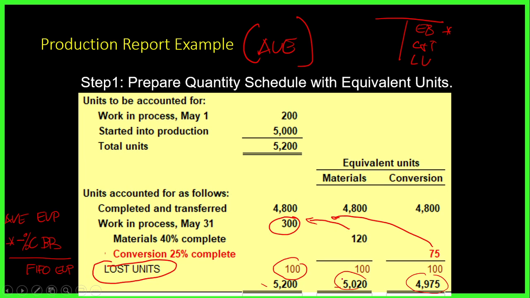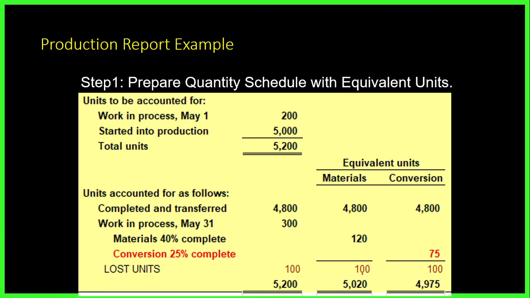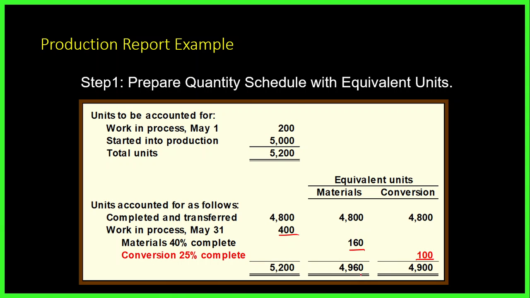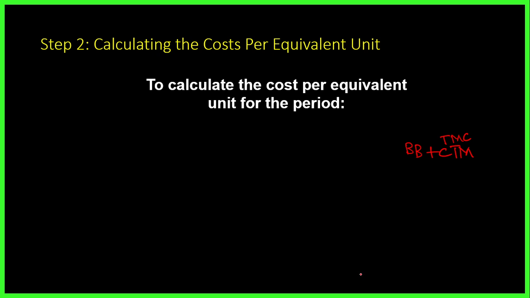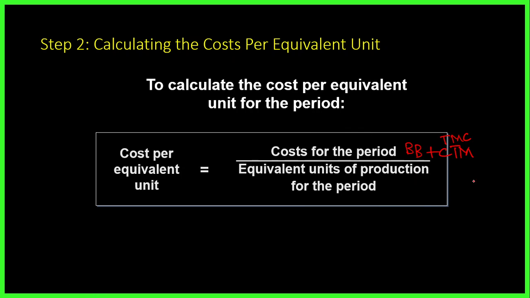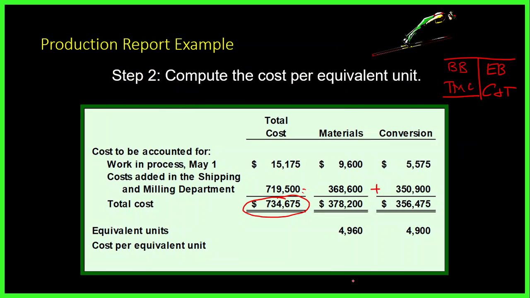Now, let's continue. Let's assume that you were able to compute and understand the EUP with lost units. The next step is to calculate the cost per equivalent unit for the period. Let's apply this formula from our previous discussion.